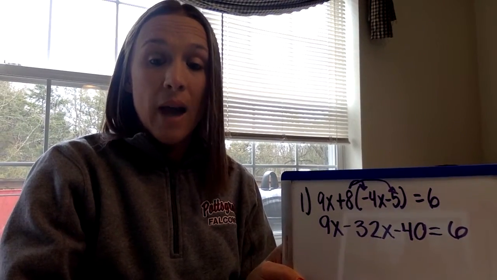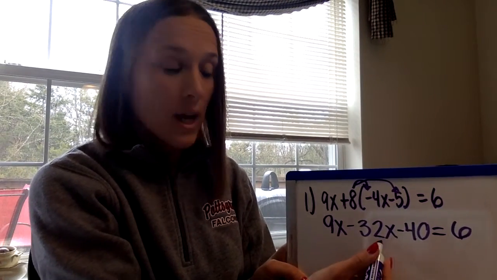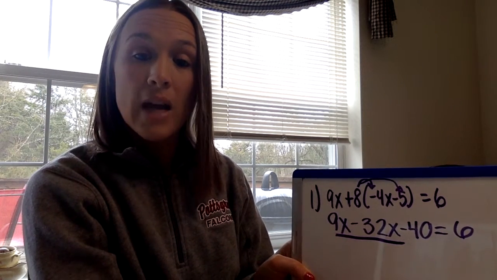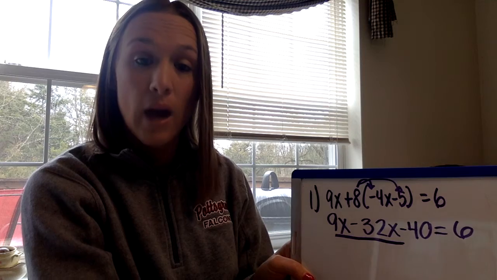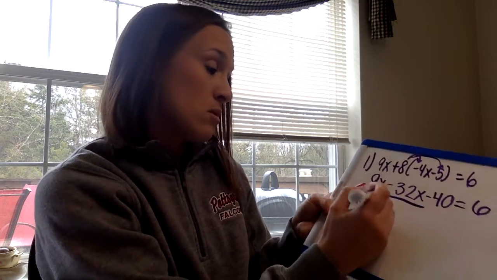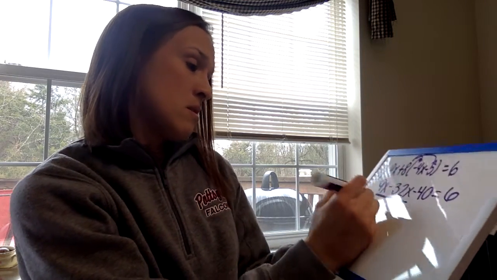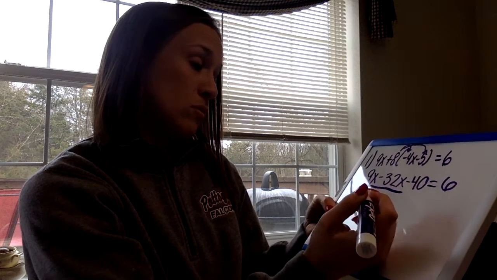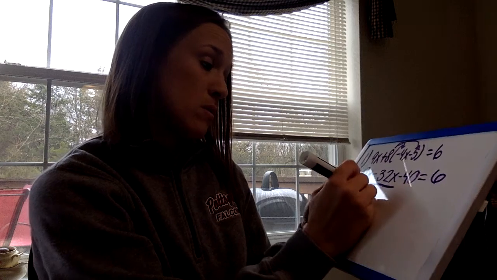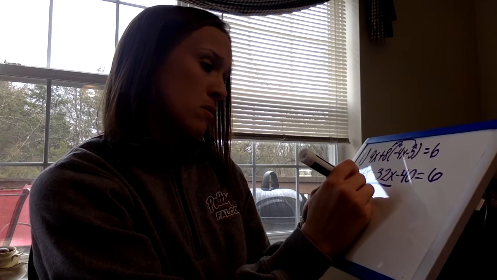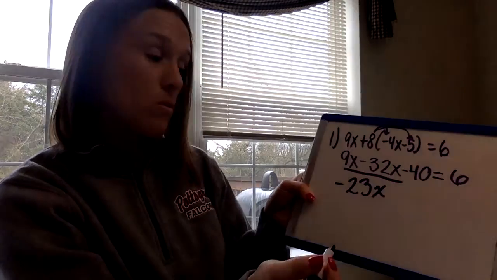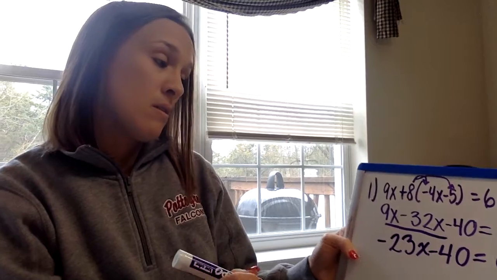Okay, now combine your like terms. These two are like terms right here, these two are like terms, so you're going to combine them. So 9x minus 32x is negative 23x, minus 40 is equal to 6.